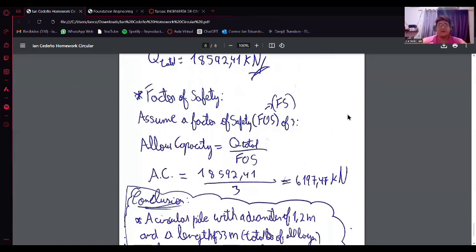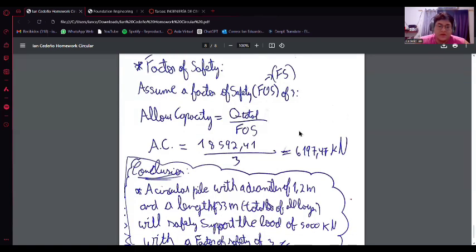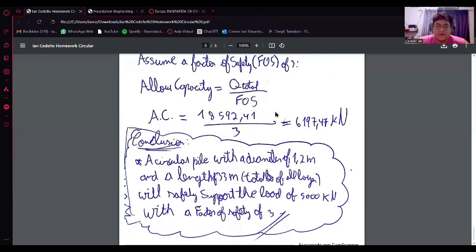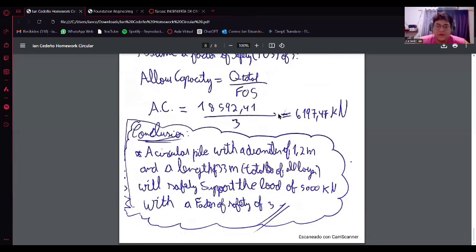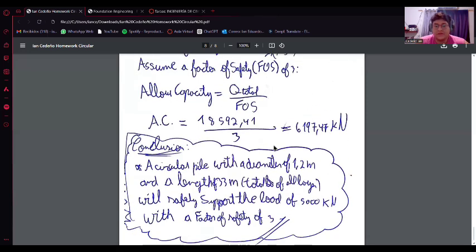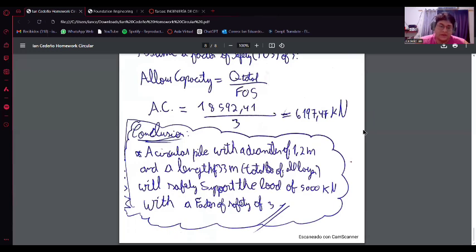For the factor of safety, we're going to use a factor of safety of 3. So we're going to divide the Q total by the safety factor. That is this answer.